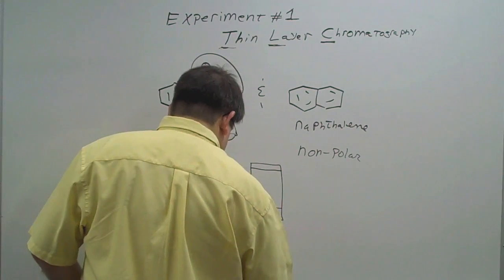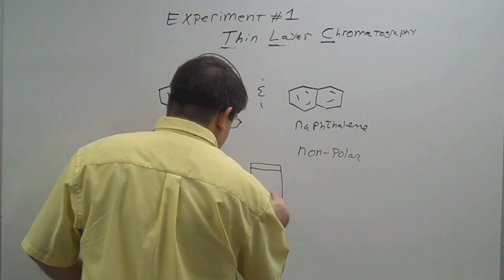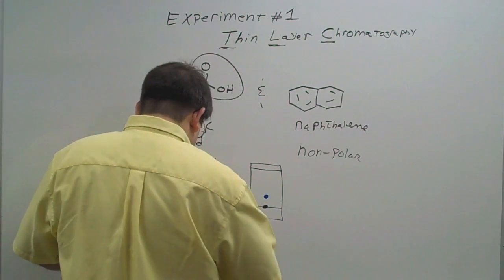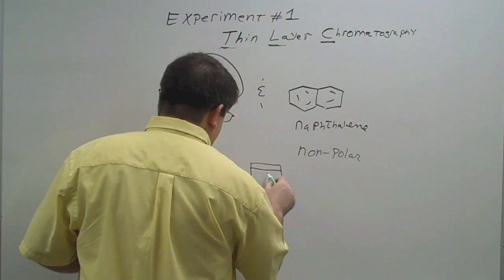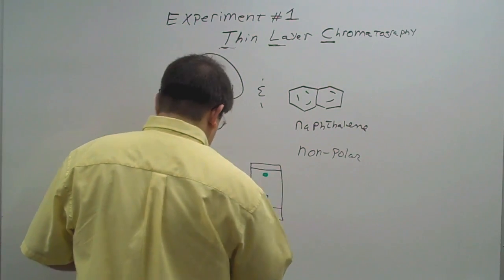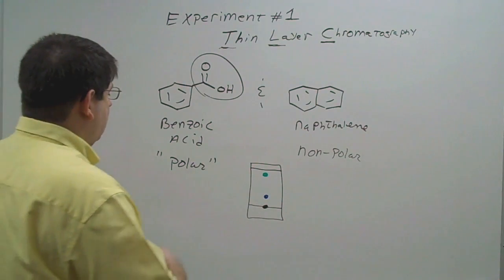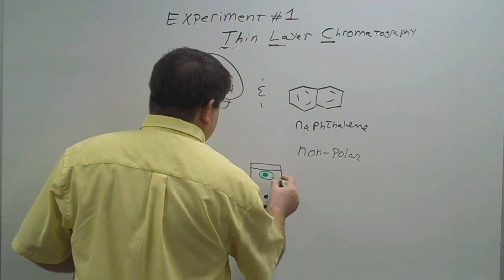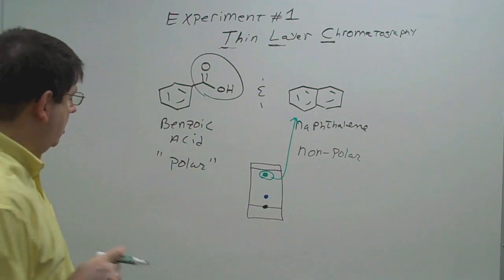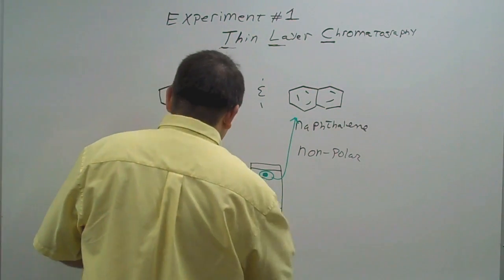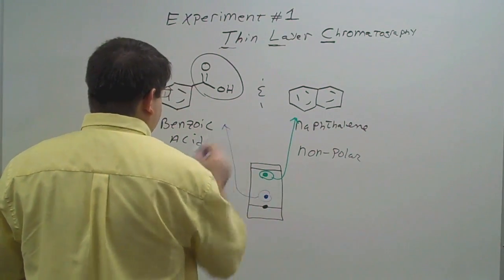And what we're going to notice is we're going to have two spots that come out of that mixture, one that's going to move a great distance and one that's not going to move so much. And it turns out that the green spot, if you will, would be naphthalene because it's nonpolar and the solvent is nonpolar. Whereas the benzoic acid, being polar, is not going to travel as far.